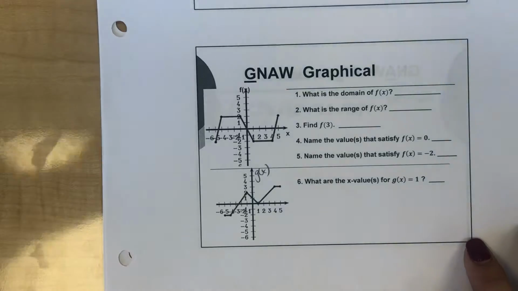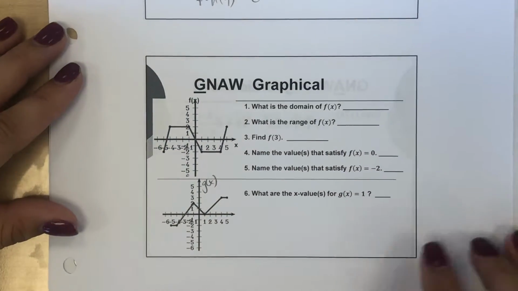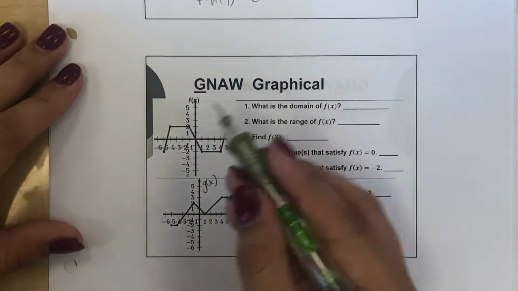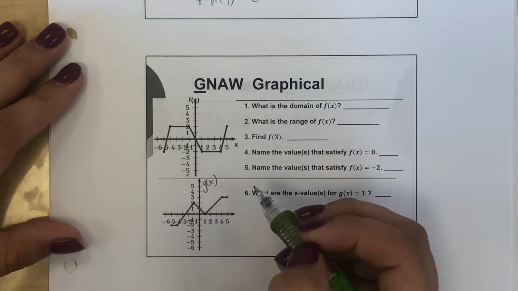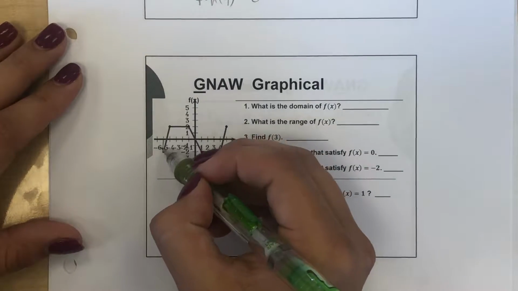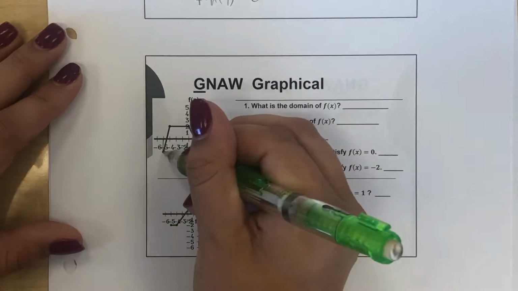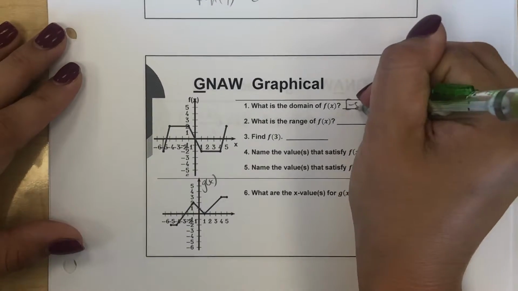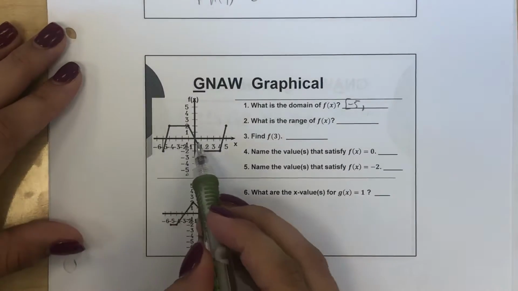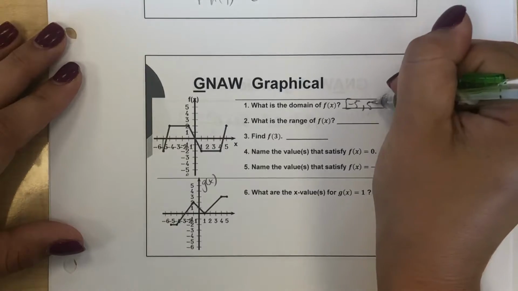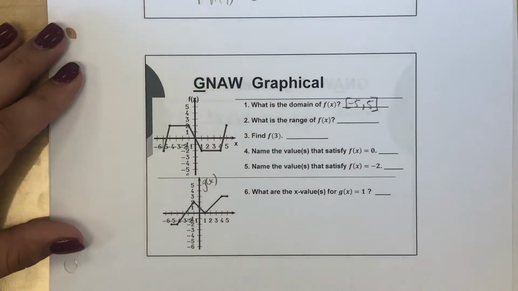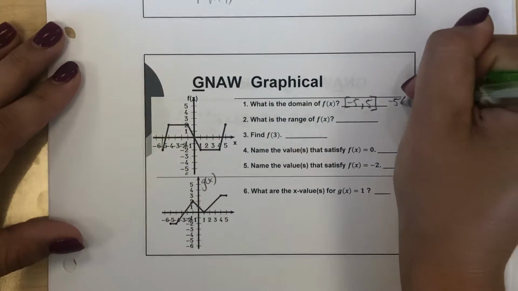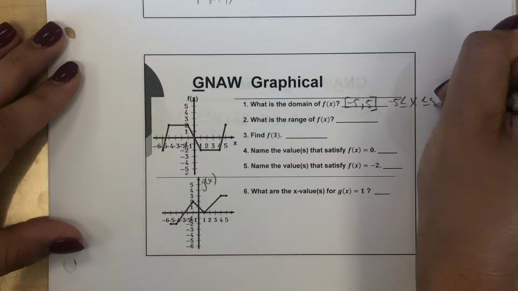Alrighty, and we're back. So the domain, I noticed that there's no arrows, so it starts at -5 and it's a closed circle. So -5, there's no breaks in the x values all the way till 5. Okay, you could have written that with inequality notation too, which is totally cool.